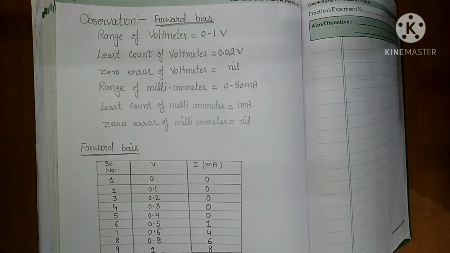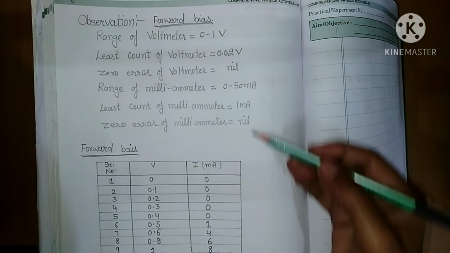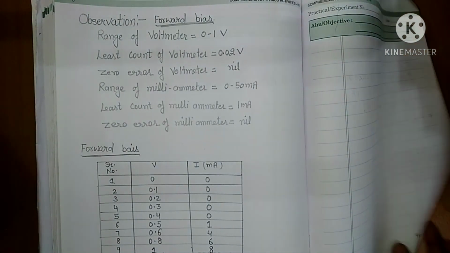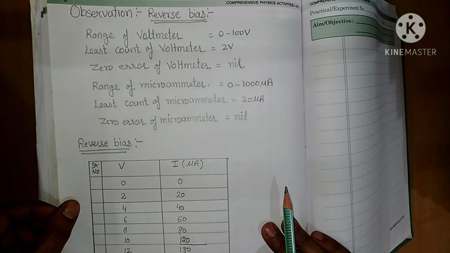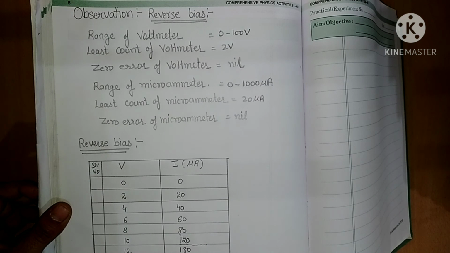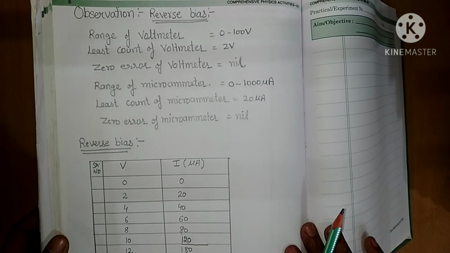So students, this is the observation of forward biased. Complete observation, forward bias. And students, this is the observation for reverse bias, complete observation for reverse bias with all readings.